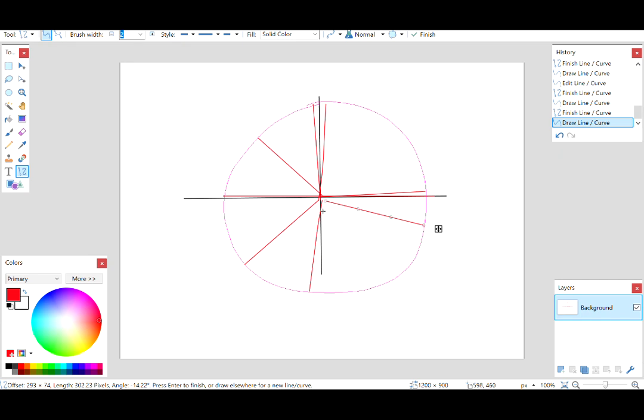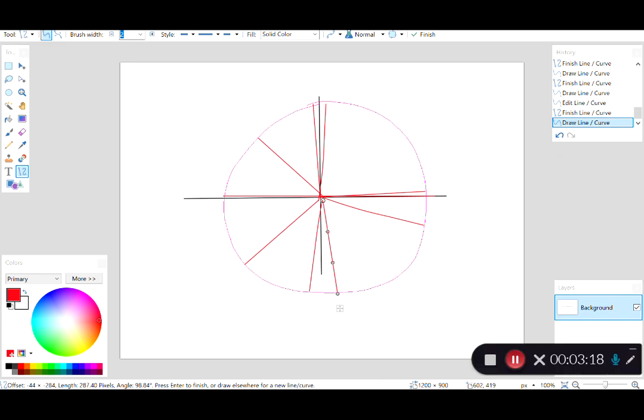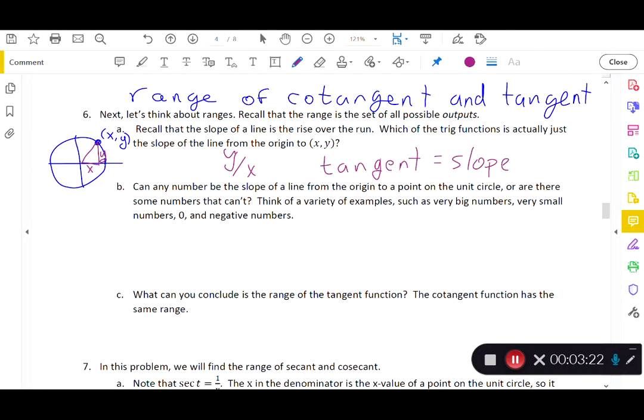That's a small negative slope. That's a big negative slope. All right, so what did we say? Big positive slopes, big negative slopes, small positive slopes, small negative slopes. Anything is possible.